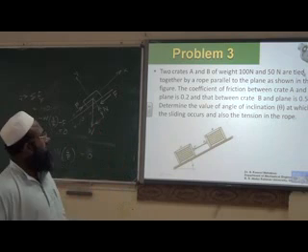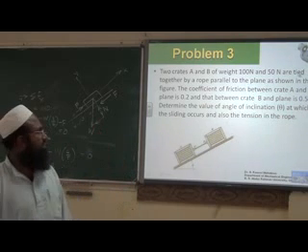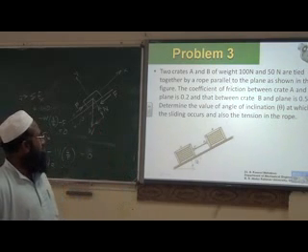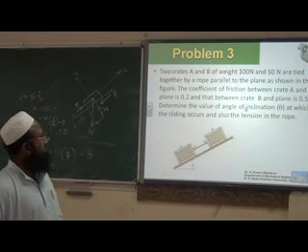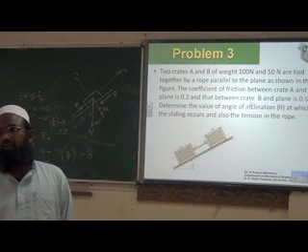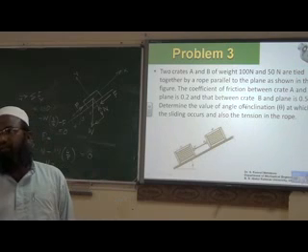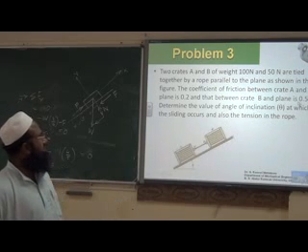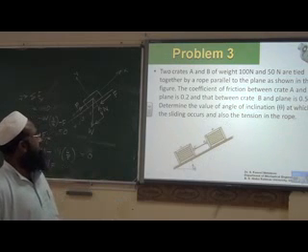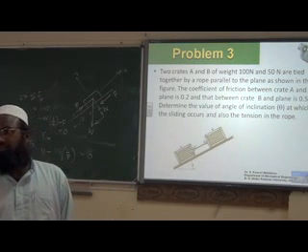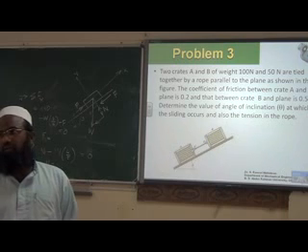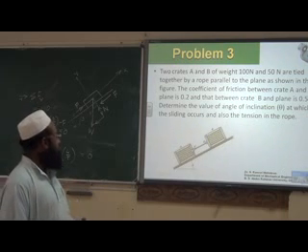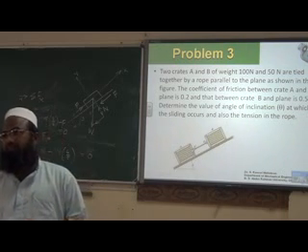They are tied together by a rope. The rope is parallel to the inclined plane. Coefficient of friction between crate A and the plane, and crate B and the plane, are given as 0.2 and 0.5. We have to find out theta and tension.